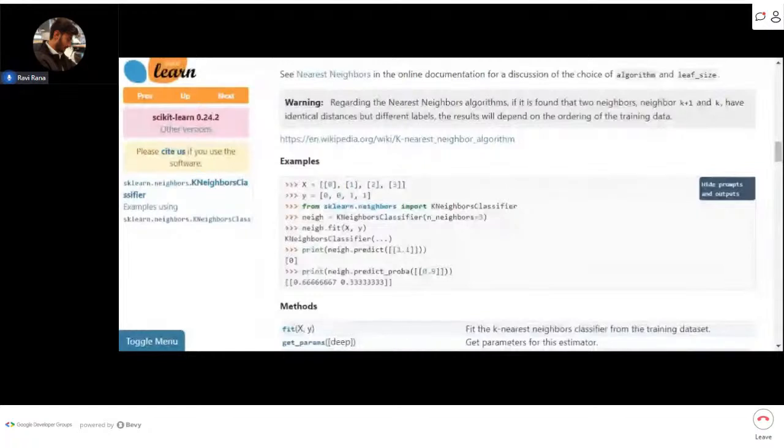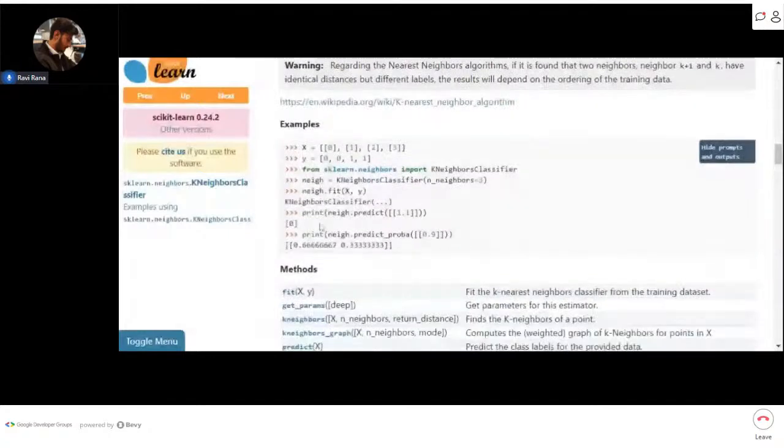So what does n_neighbors mean here? n_neighbors means the k value, how many nearest points you need, and you fit this X and y on this object. Now we will use neigh.predict for the point 1.1.